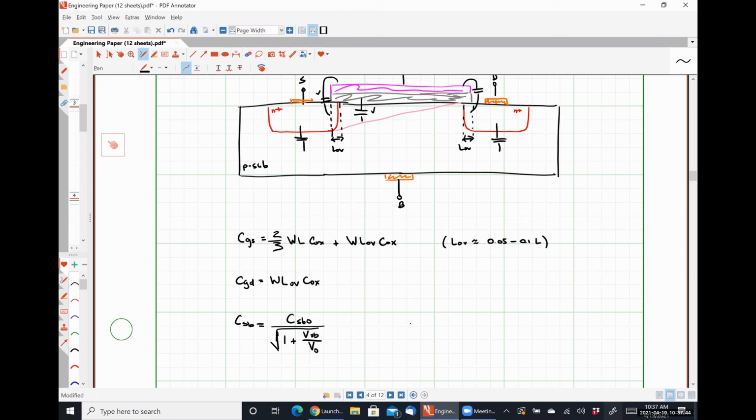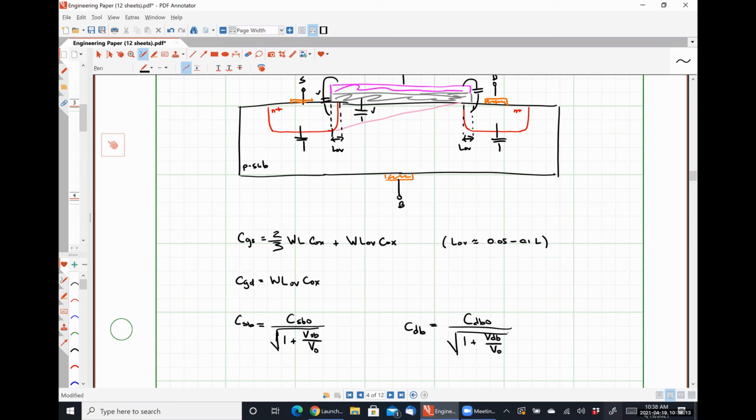Then we have our drain body capacitance, CDB, which is going to be CDB naught divided by the square root of 1 plus VDB over V naught. This is the exact same built-in voltage for both of these junctions because the source and the drain in a MOSFET transistor are interchangeable.